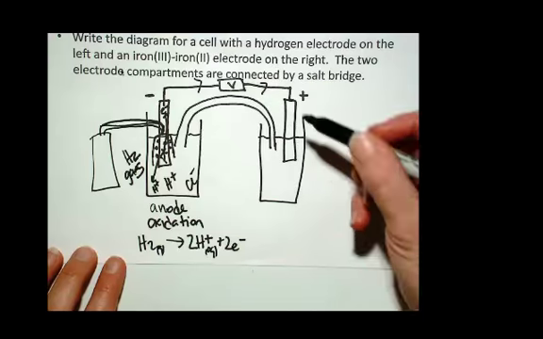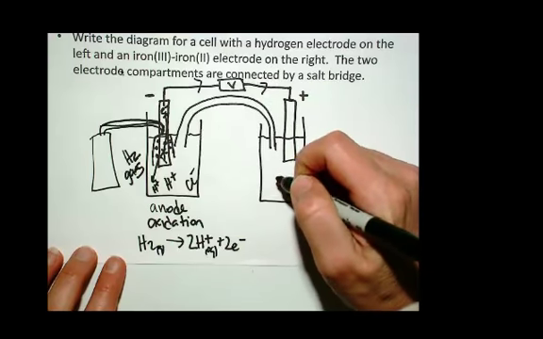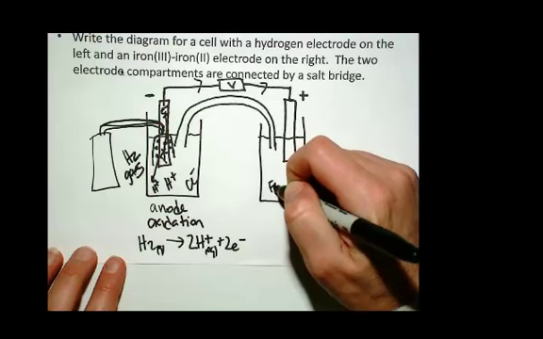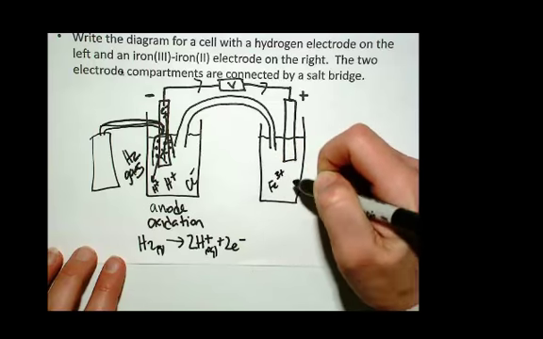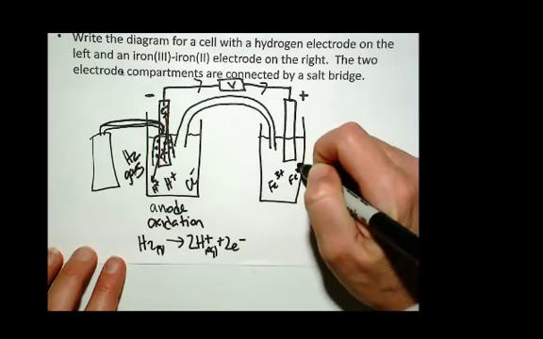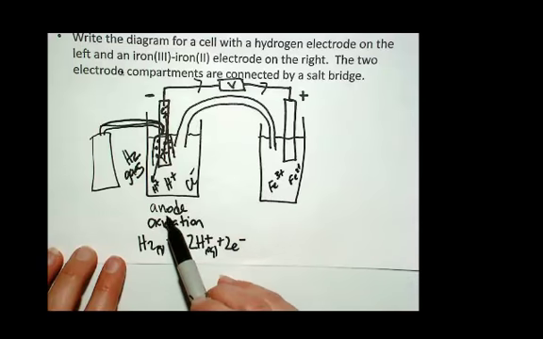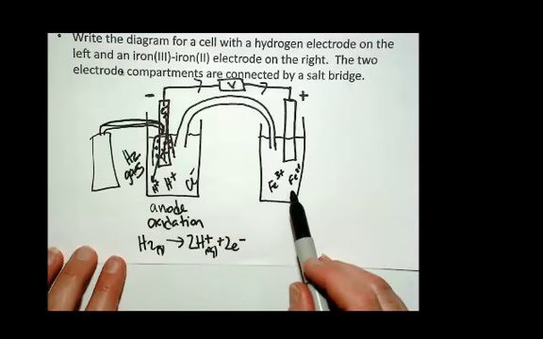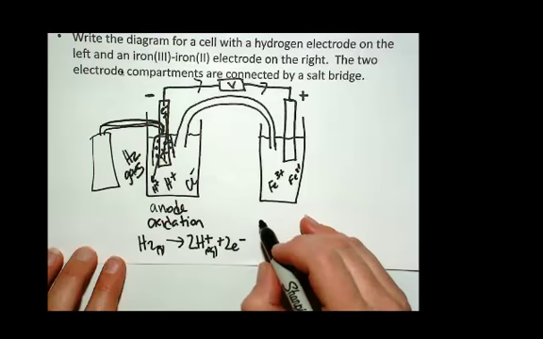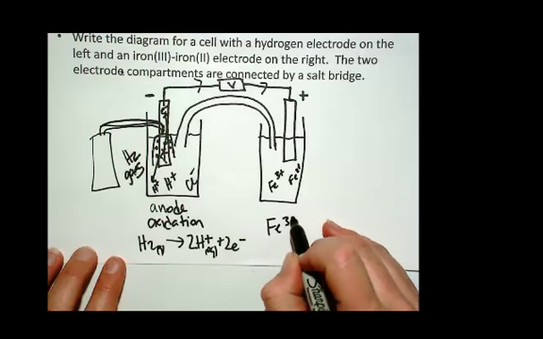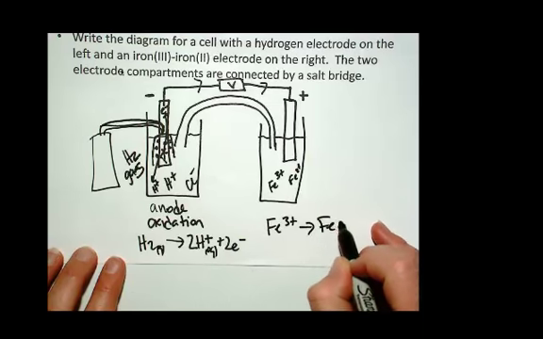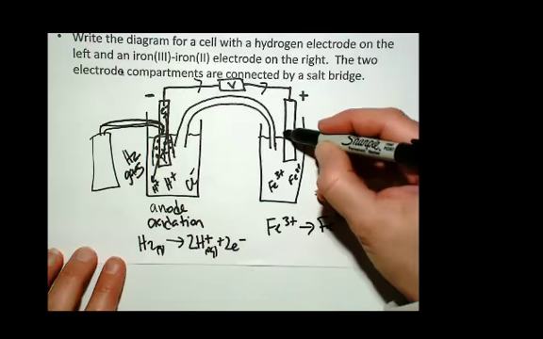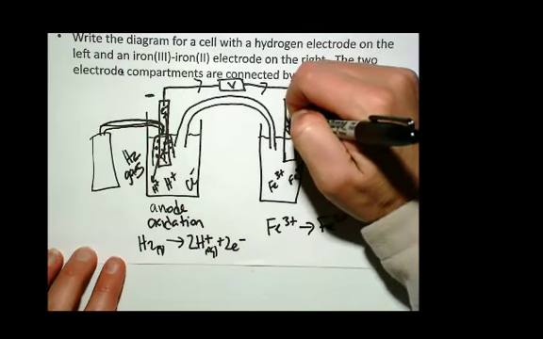What about over here? We have iron 3 and iron 2. Those are both ions, so both are going to be in solution over here. So what could be going on? If this is the oxidation, then what's going on over here? We must have reduction. And so that must be the iron 3 plus being reduced to iron 2 plus at the surface of this electrode. Let's just make this one platinum also.